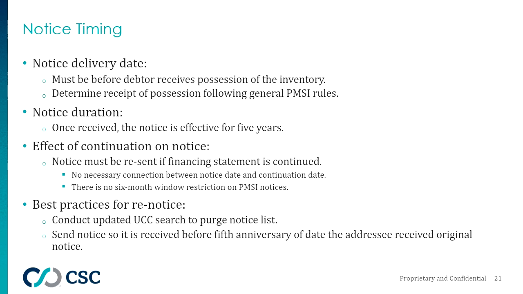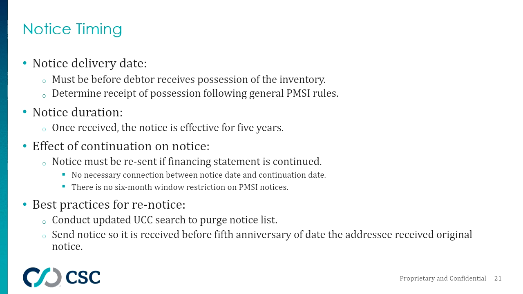Once it's received, the notice is effective for 5 years. Now, not coincidentally, a financing statement is effective for 5 years, but there's no connection between the 5-year period on the notice and the 5-year period on the financing statement. It's important to understand that.